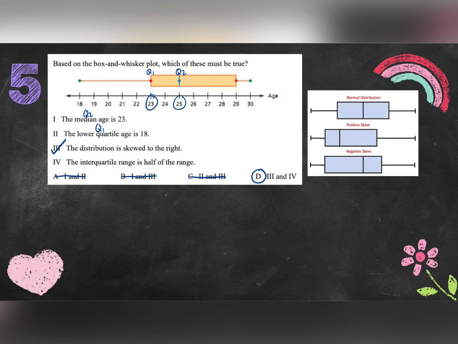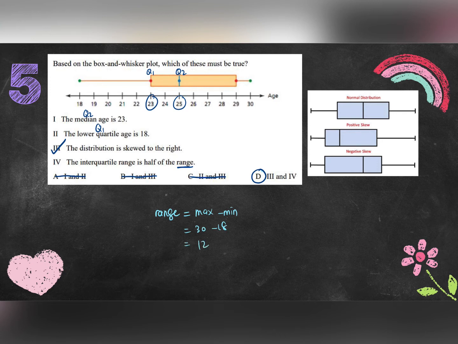And then if we look here, interquartile range is half of the range. Range kita, so our range is actually the value daripada maximum dengan minimum. So range kita will be maximum minus minimum. So kita dapat 30 minus 18, we have 12.